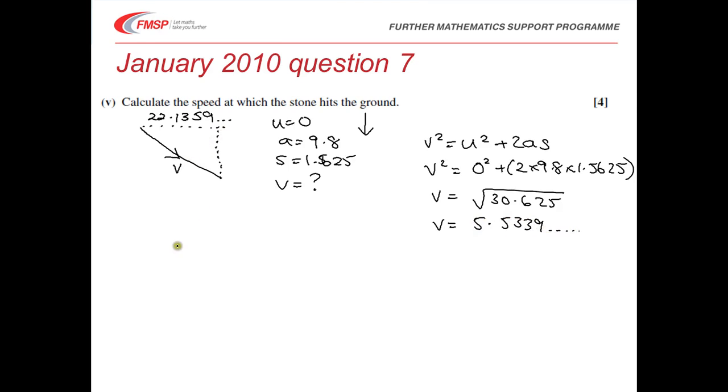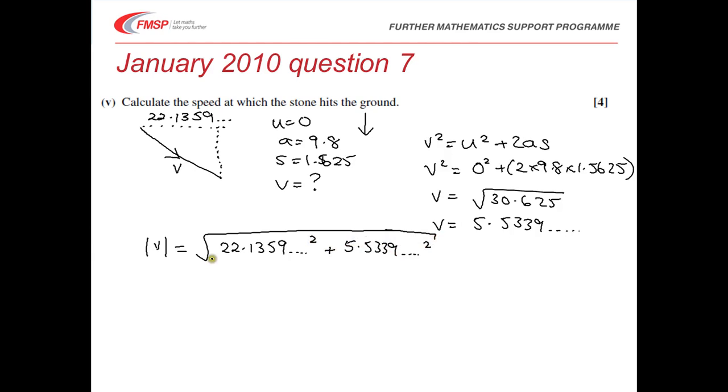Now we can use Pythagoras theorem to work out the speed, which is sometimes written like this, the magnitude of the velocity. So using Pythagoras, it's going to be 22.1359 squared plus 5.5339 squared.